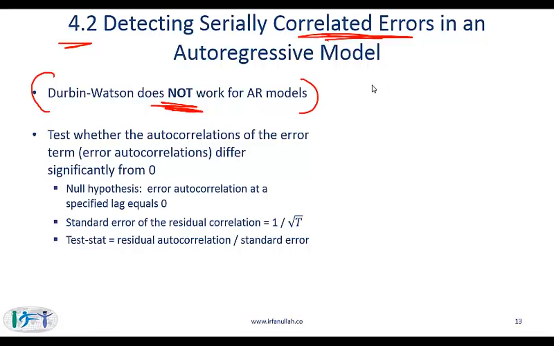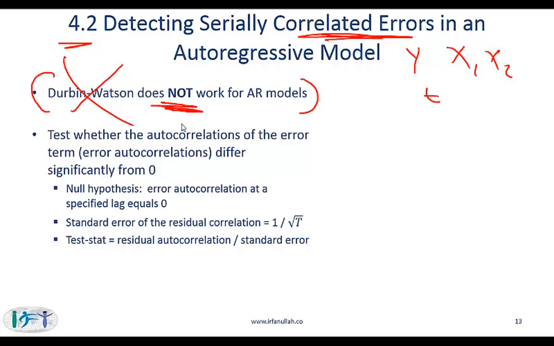Did Durbin-Watson work for time series where we are looking at a trend? So time was the x variable. There it worked. Did Durbin-Watson work in the previous reading where we had y and then x1, x2, etc.? It did. But when you have AR models, then DW does not work. Okay, so keep that in mind.